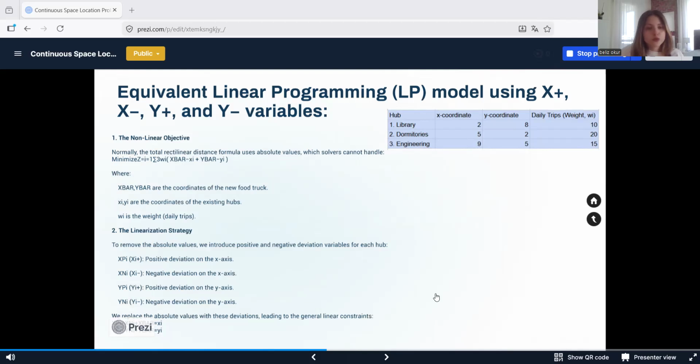We remove the absolute values by adding positive and negative variables for each building. X positive i for positive change and X negative i for negative change. This lets us write our distance using X positive i minus X negative i, and X minus X positive plus X negative is equal to x_i.